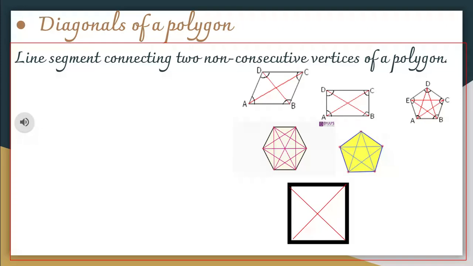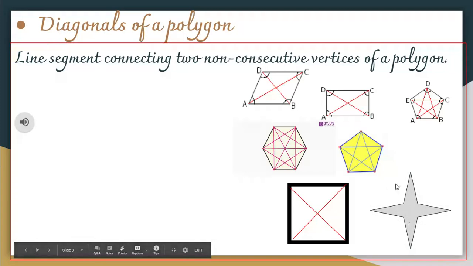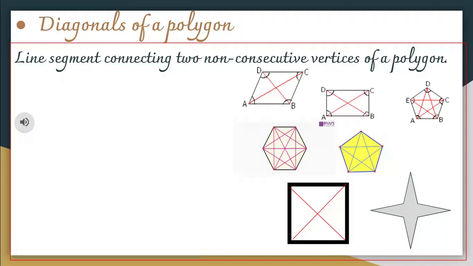Now you can see other polygons like one concave polygon. Here also you have the concept of diagonals, isn't it? You have to join any two non-consecutive vertices here. So this is a diagonal, or this could also be a diagonal. This could also be a diagonal. Like that, you can draw several diagonals.